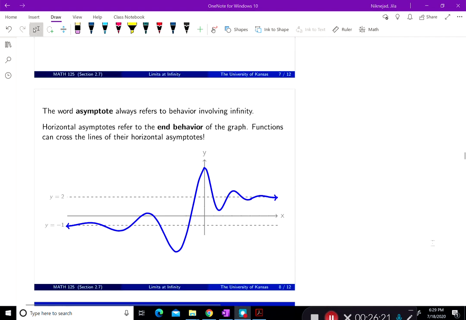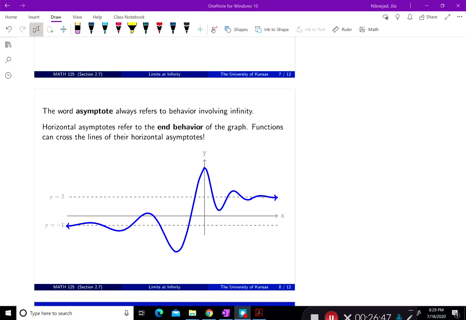One last thing to notice is that when you're discussing the horizontal asymptotes, you're discussing the end behavior. Another thing we discussed along the way is that a function can cross around and pass through the horizontal asymptote, and the two horizontal asymptotes can be different.